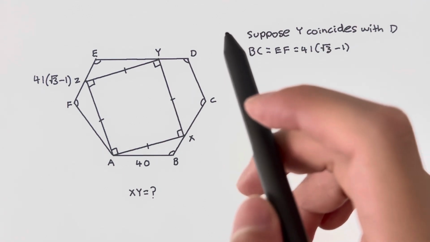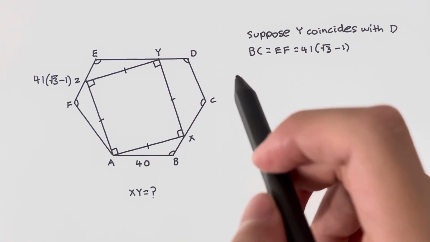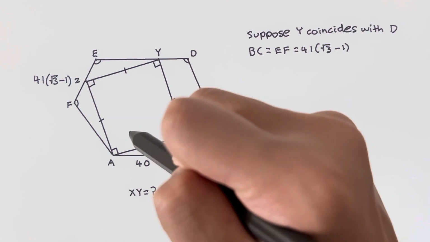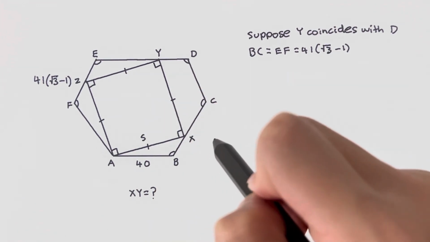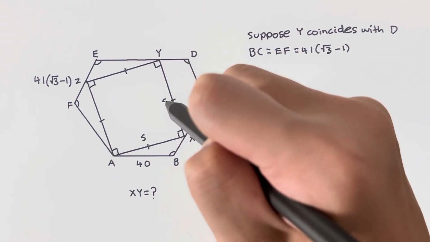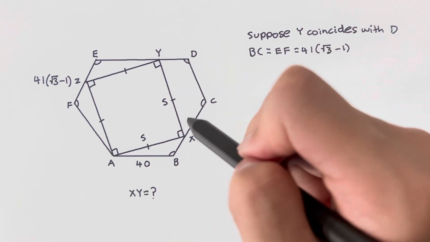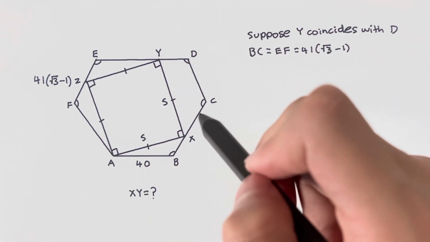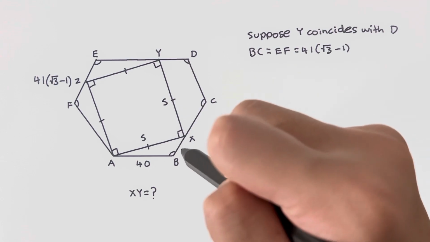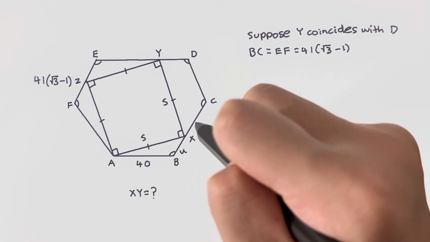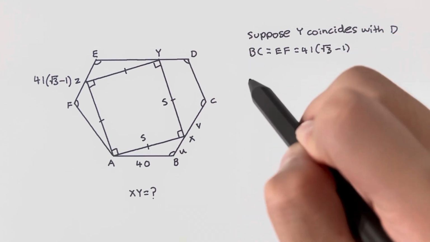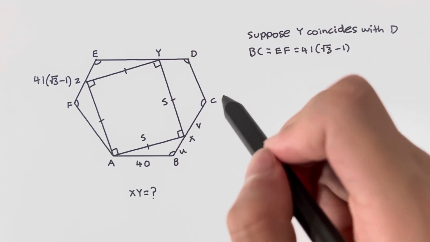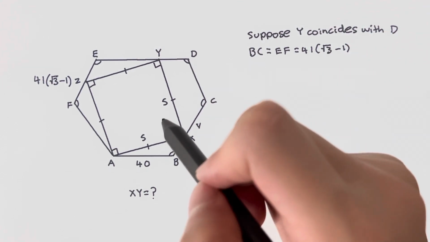And then we can let the side length be S, so AX equals XY equals S, and then we know that X is on BC, right? So we can let BX equal U and CX equal V. And then in this case, we can let angle BXA, which is this angle, be theta.